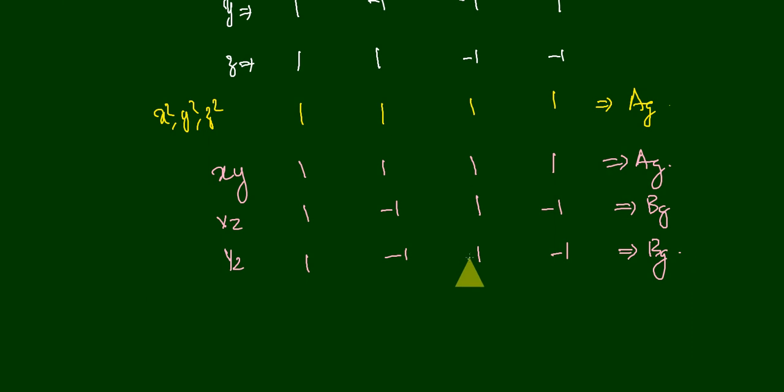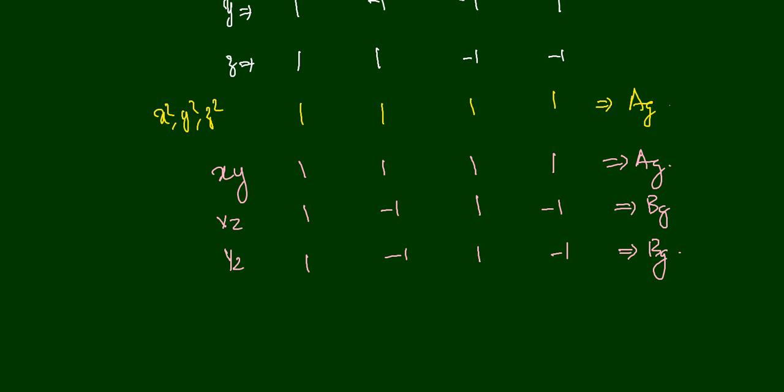Now we can see that xz and yz transform as BG. xy transforms as AG. x square, y square, z square transform as AG. So in the same line of AG, we have to write x square, y square, z square and xy.